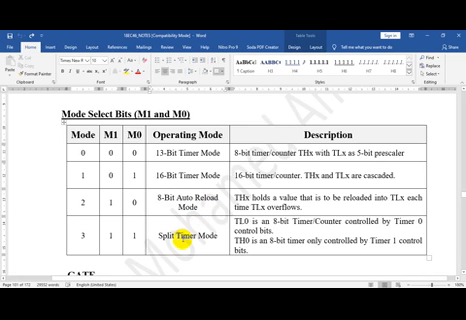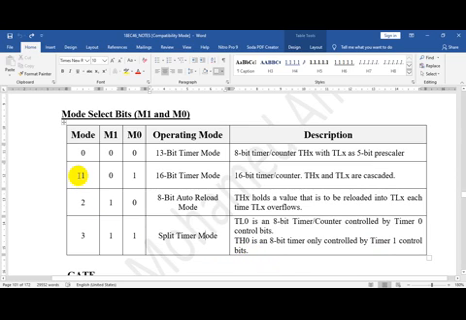The last is the split timer mode, for which you write 1, 1. In this case, TL0 holds the 8-bit timer value under timer 0 control bits, and TH0 is controlled by timer 1 control bits.